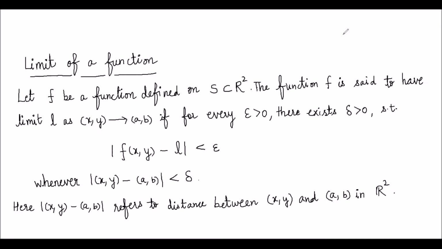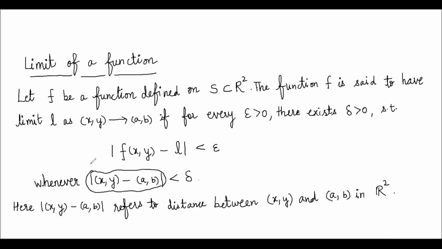Corresponding to each epsilon, there exists a delta, again a positive real number, such that the mod of f(x, y) minus L is less than epsilon, where L is the limit, whenever the distance between the point in the plane, which we denote by the ordered pair (x, y), and the second point (a, b) in the plane, is less than delta. This refers to the distance between these two points in the plane.